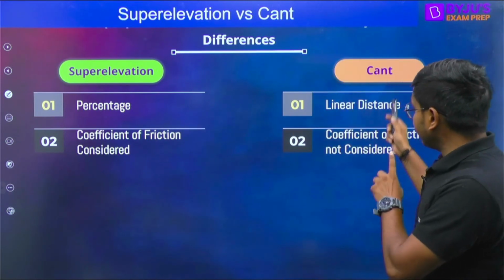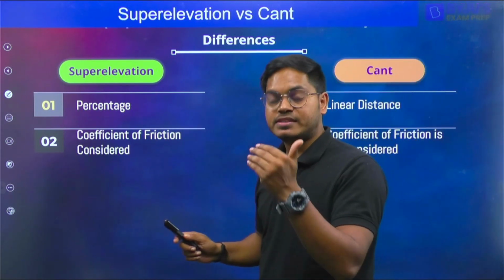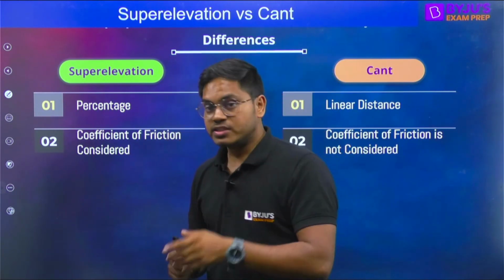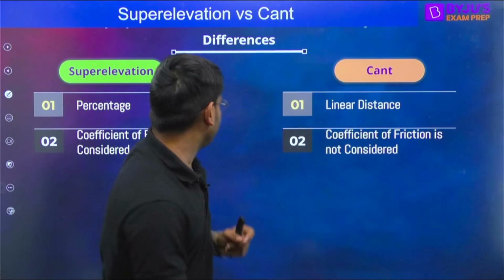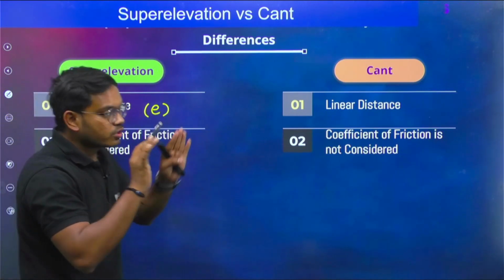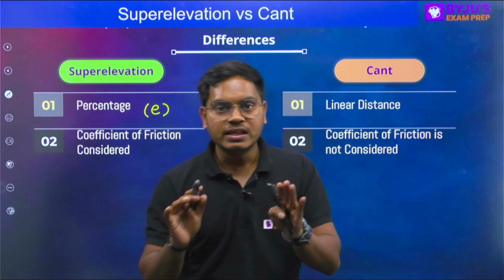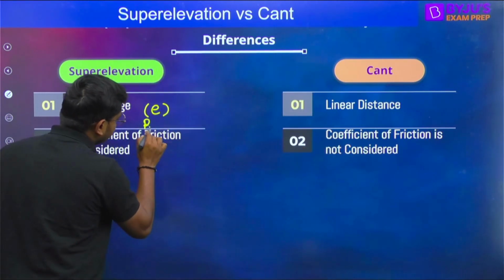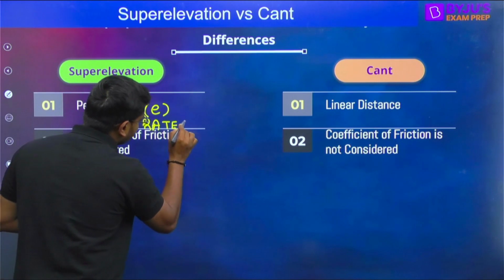But in Cant, in the railway, the same thing is represented in mm or centimeter. Why? Because in highway engineering, the E that we use here, which is in percentage, is actually not super elevation. This is actually rate of super elevation. We need to understand this is not a super elevation. This is rate of super elevation.